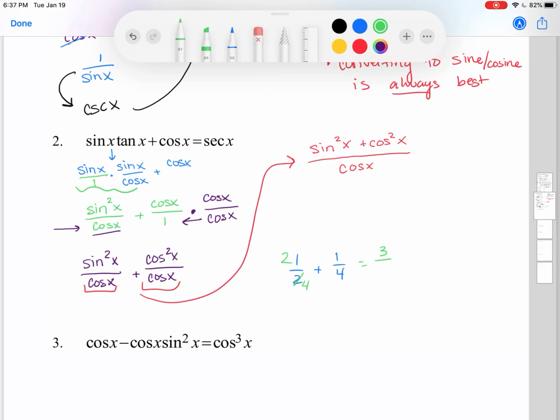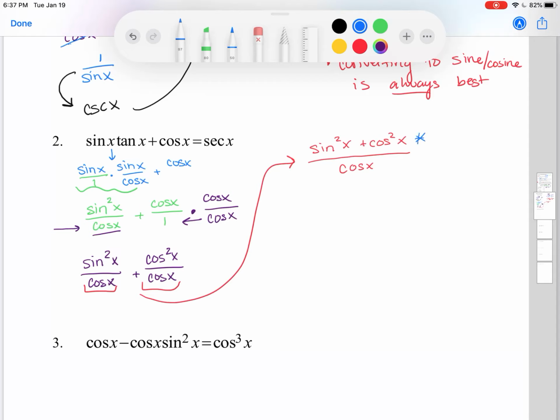And when I combine them, I got 3 over the same exact denominator of 4. That's exactly what we just did, but with trigonometric functions. All right, so the denominator will still stay as cosine x, and then I got to combine everything else.